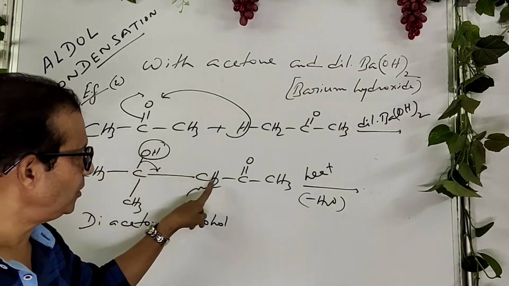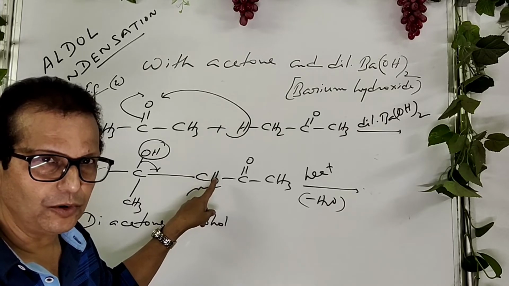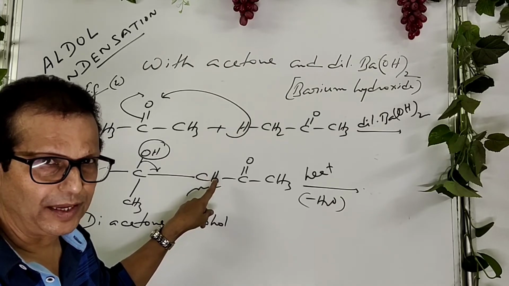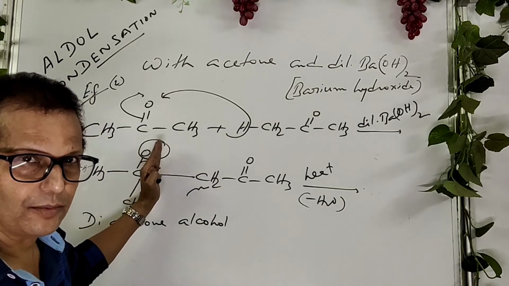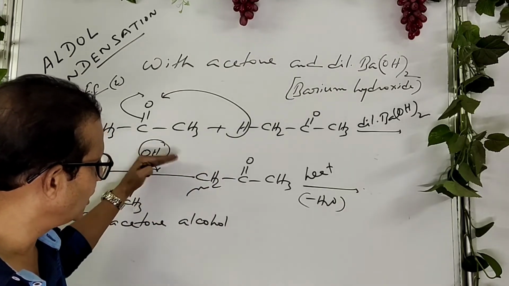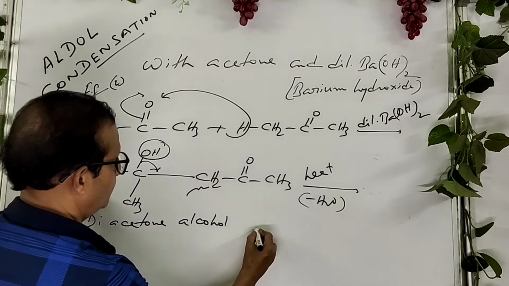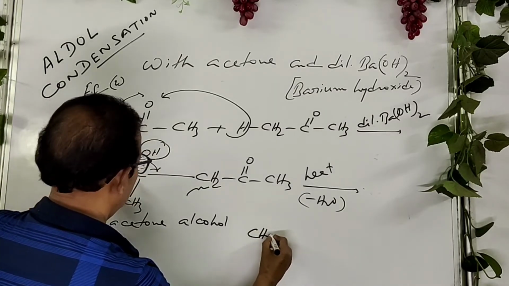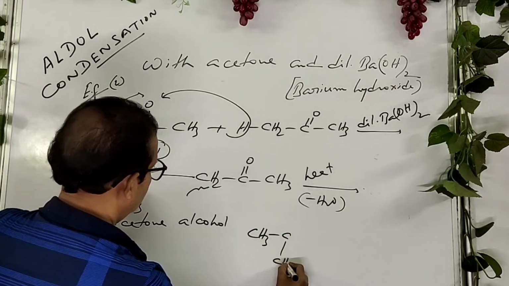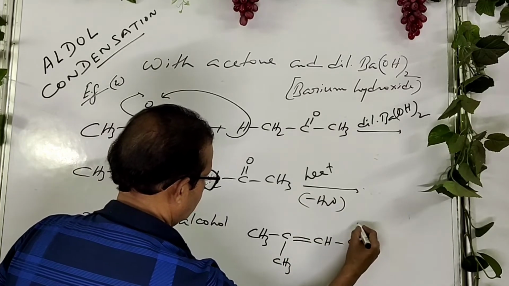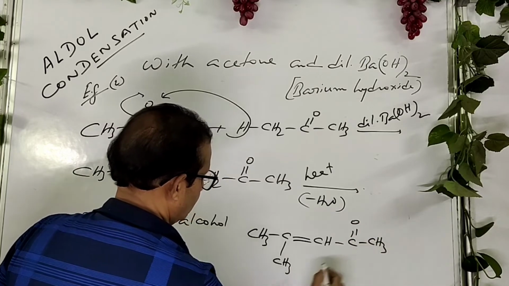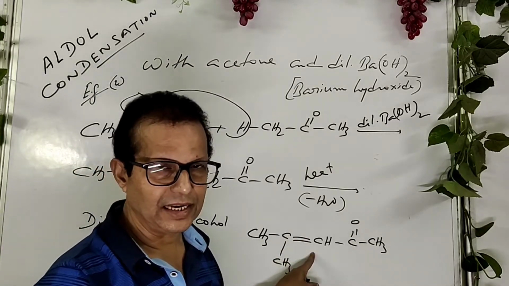OH from this carbon, hydrogen from this carbon. So elimination reaction takes place and one extra bond will form here, that is, a single bond becomes double bond. This compound is called mesityl oxide.